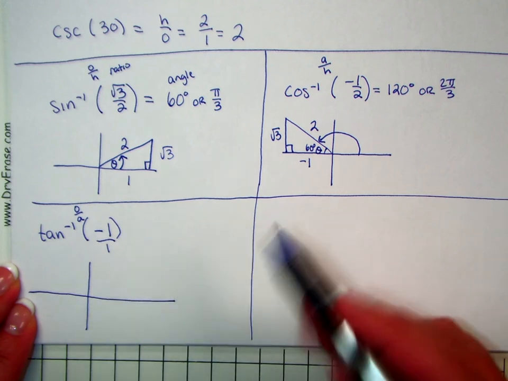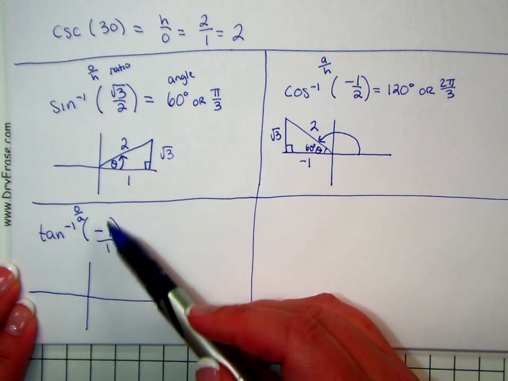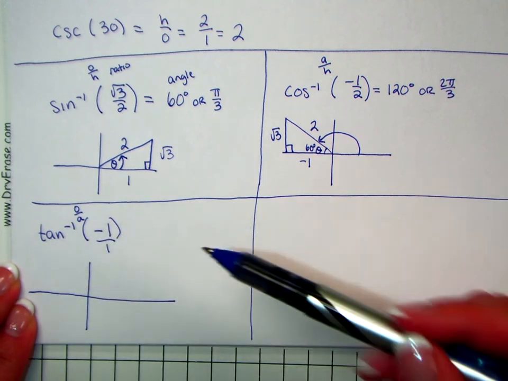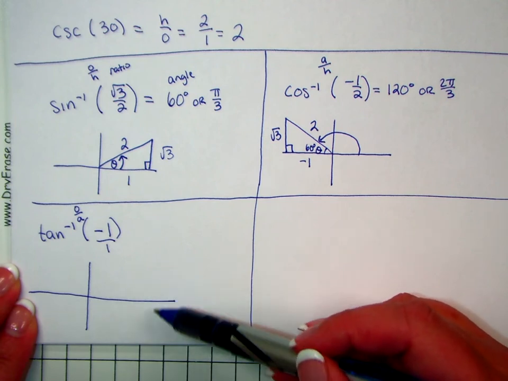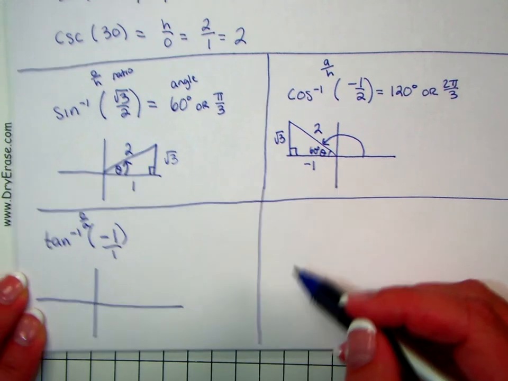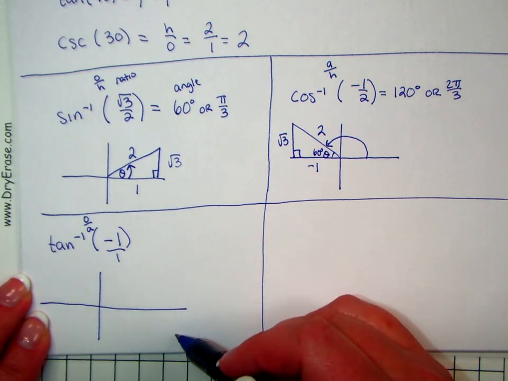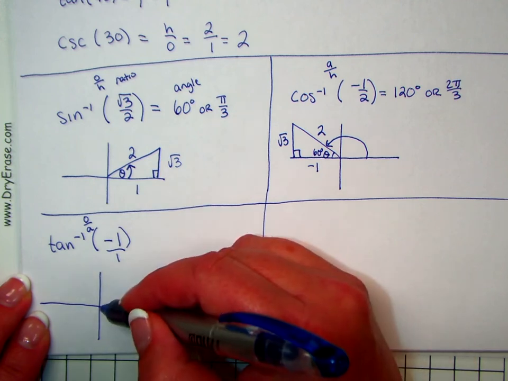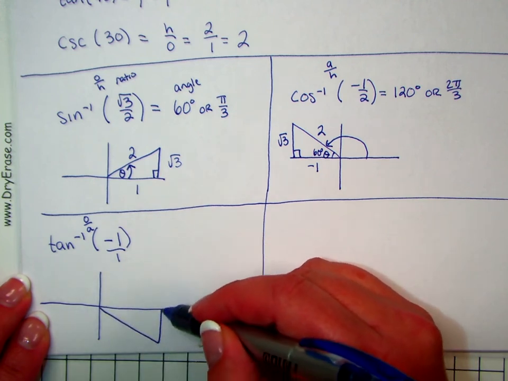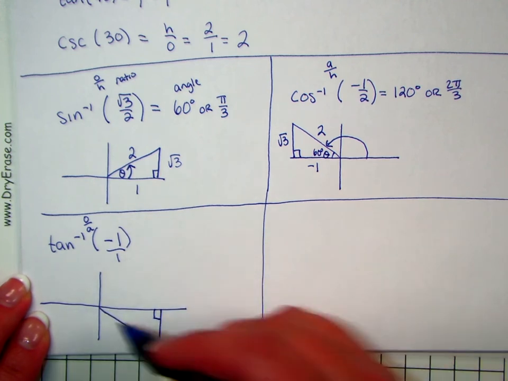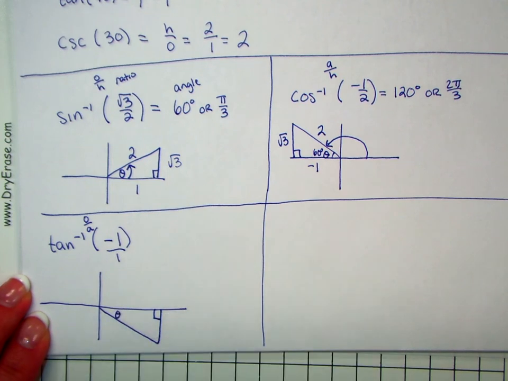That will make sense when we see this triangle. Okay, so the tangent ratio is negative. So you have to remember tangent was restricted to 1 and 4, just like sine. Okay, it was restricted to quadrant 1 if the ratio is positive. It's restricted to quadrant 4 if the ratio is negative. So again, I'm going to draw a triangle here in quadrant 4, and here's the angle I'm looking for.